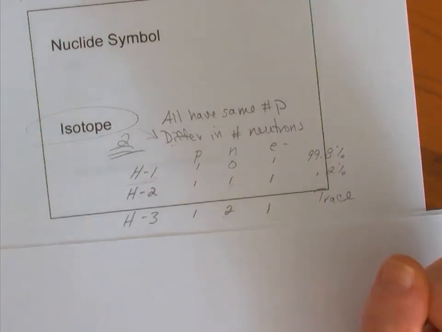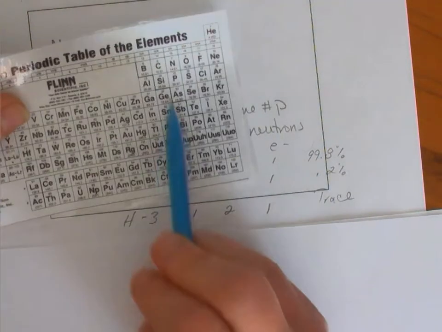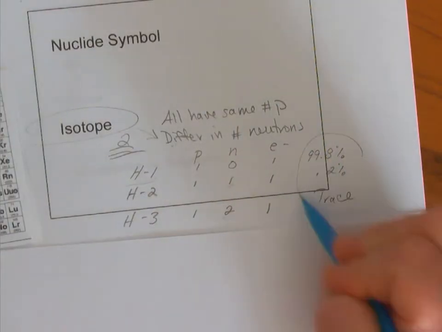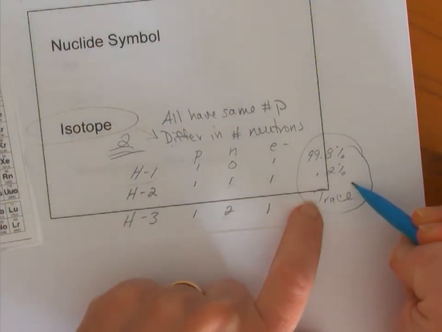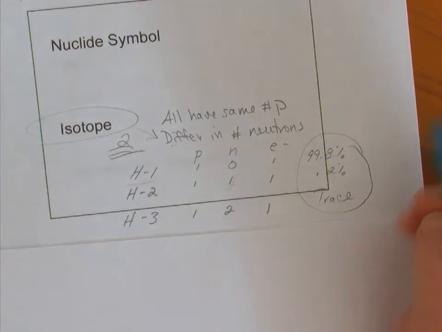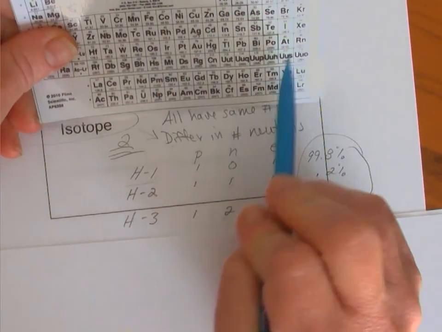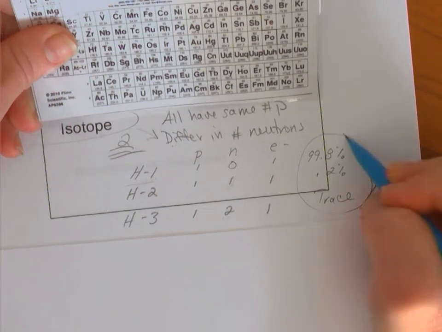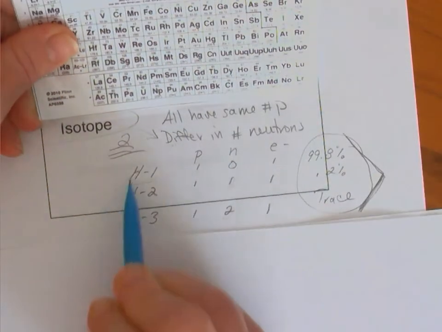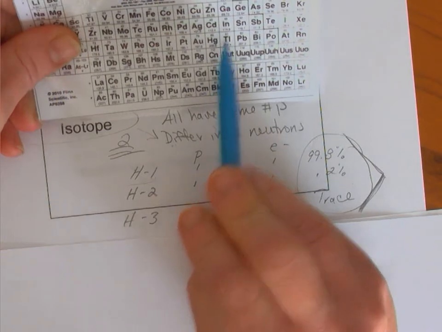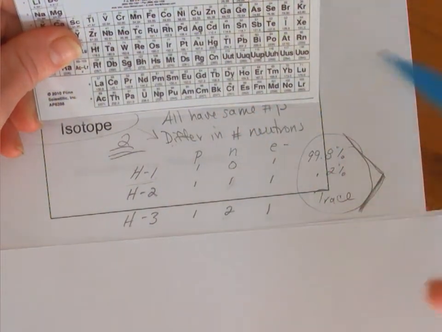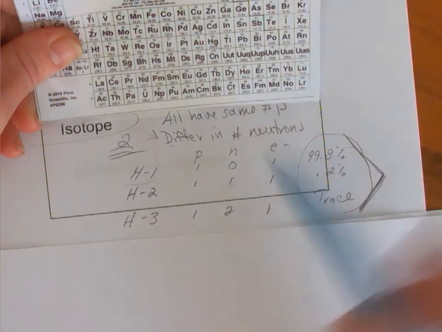Now, whenever we are talking about the numbers that we have on the periodic table, they take into account the abundances. These average atomic masses are weighted averages taking into account the percent abundance of your different isotopes. So these average masses represent the average atom you're going to encounter.